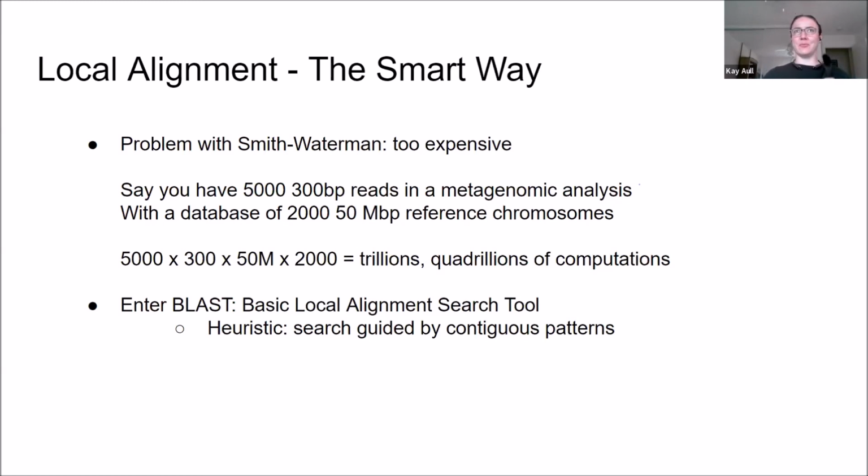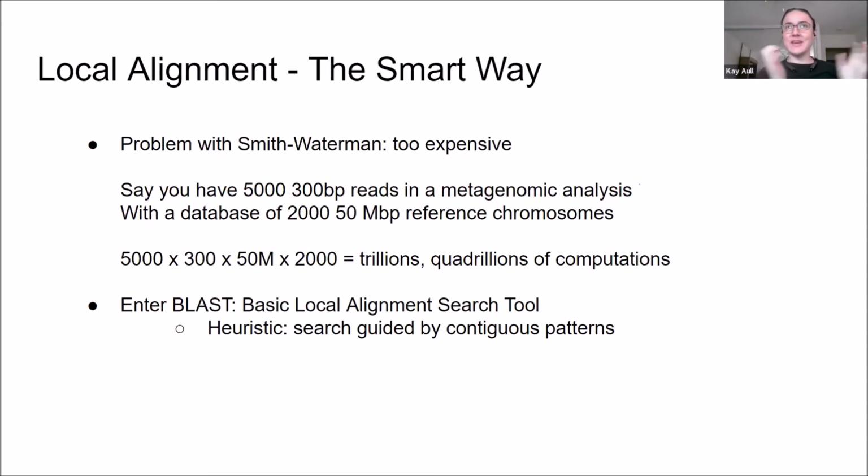What if you have your real world metagenomic database, and you have 2,000 genomes, whole, even bacterial genomes, and you have sequenced your soil or whatever, and you're trying to figure out what's in it. Trying to do that comparison would just take you until the heat death of the universe. And we don't want that. We want answers now. And so we need heuristics.